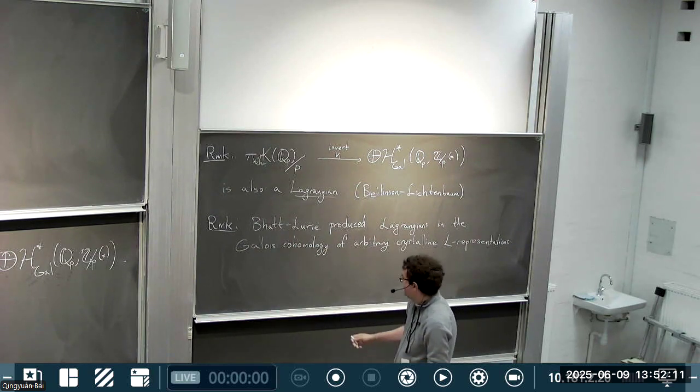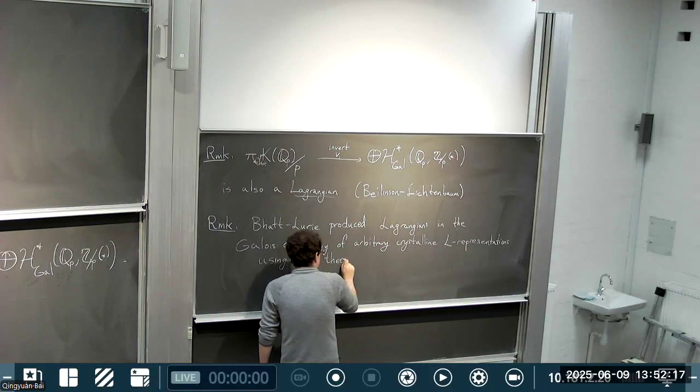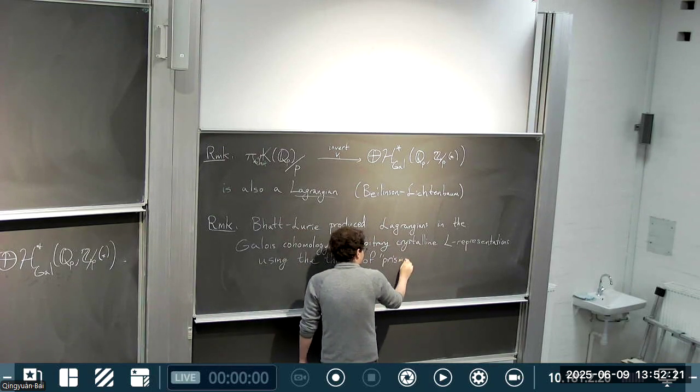Okay, and the way they do this is using the theory of so-called prismatic F-gauges, whatever that means.